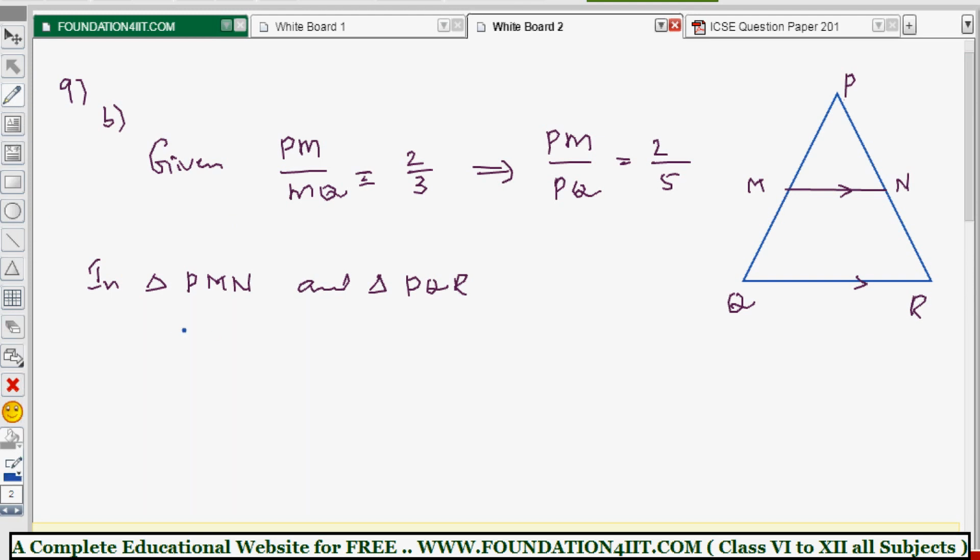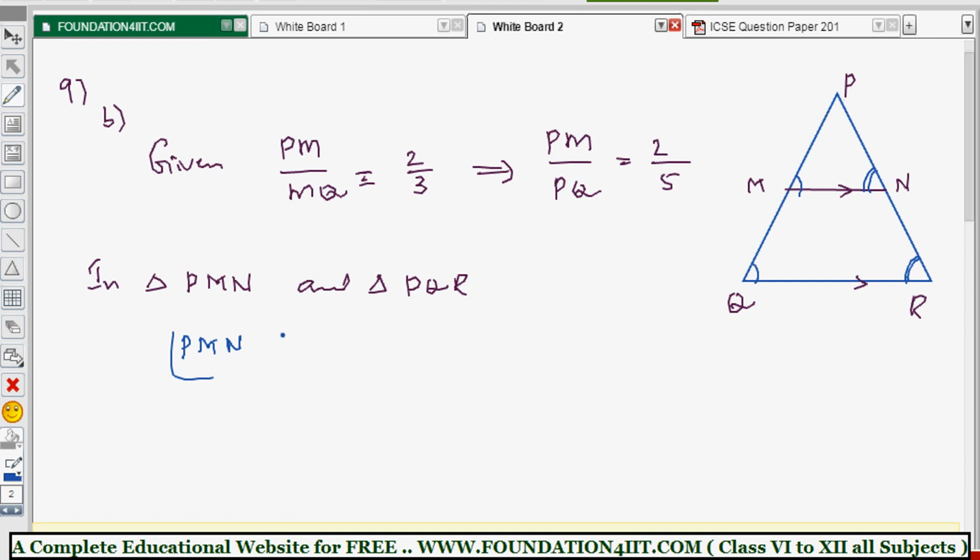So here these two angles are equal, corresponding angles, because these two lines are parallel with a transversal, and similarly these two angles are also the same, and P is the common angle.